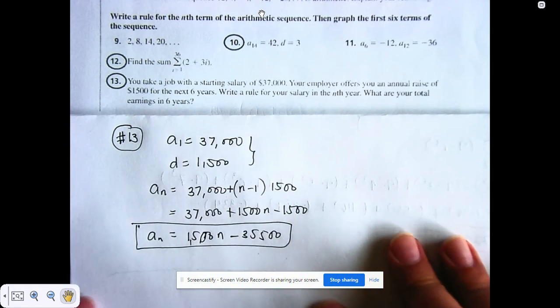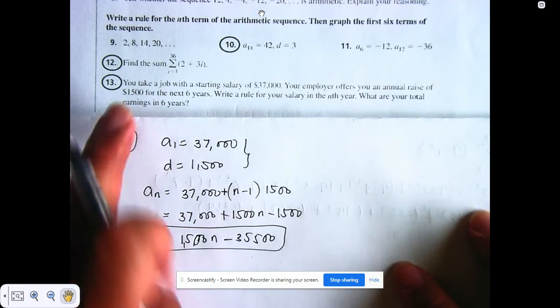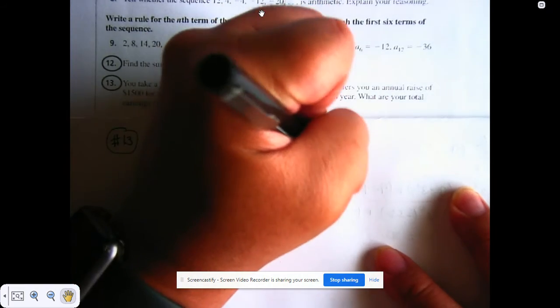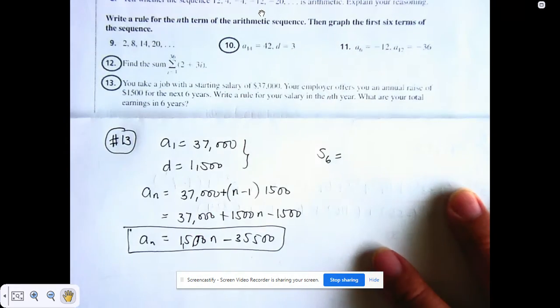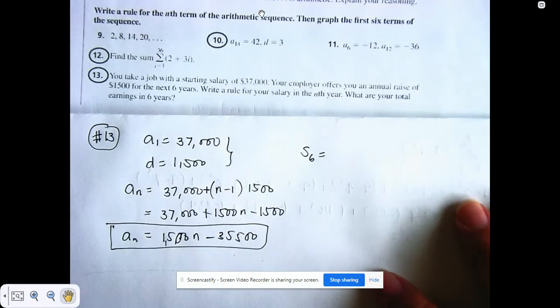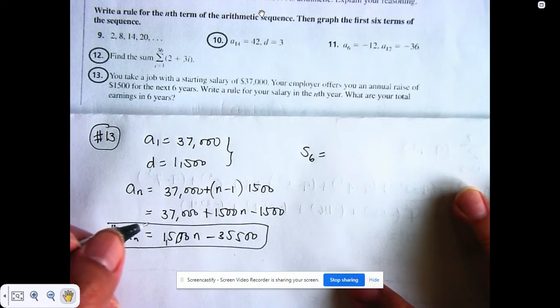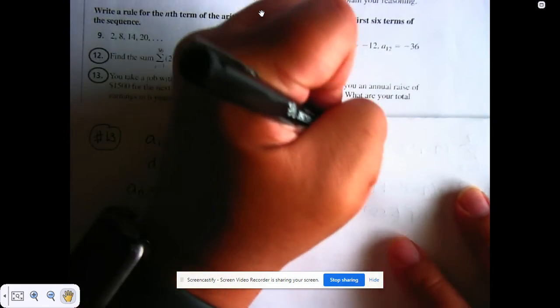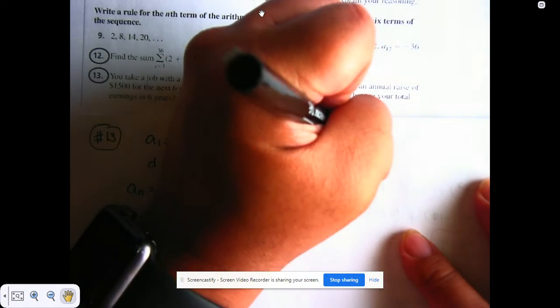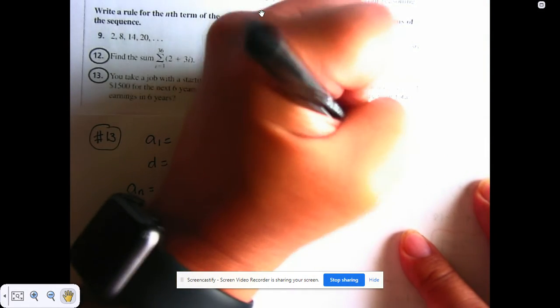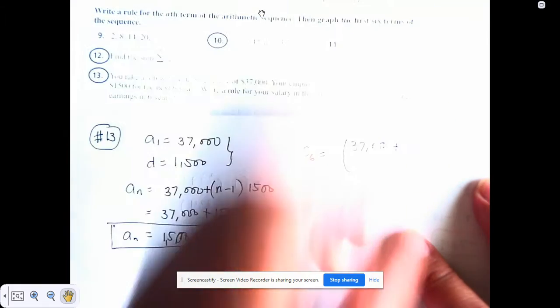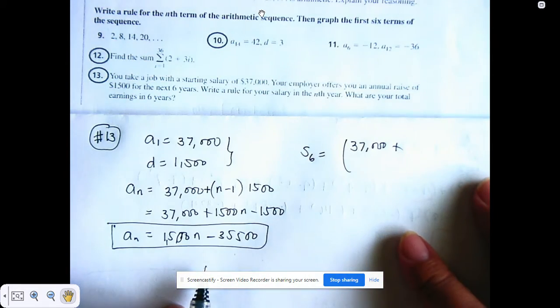Now you're getting the sum for your earnings in 6 years. So you're getting S of 6. So again, first get a sub 1. A sub 1 is actually 37,000, right? Plus, substitute when n is 6.